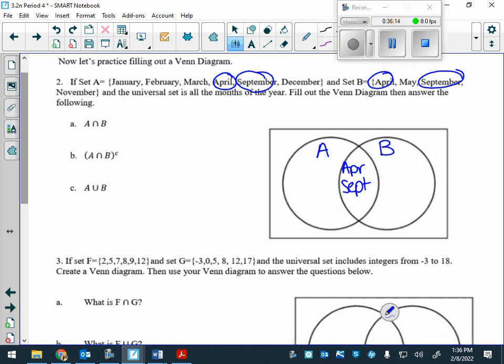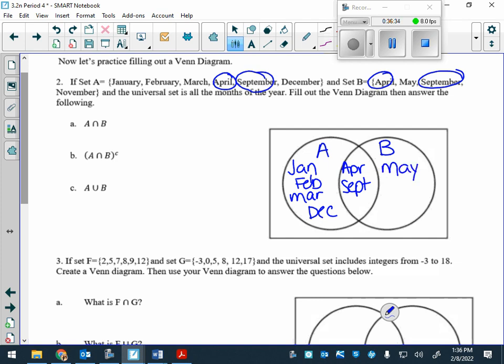Taylor. January, February, March, and December. Excellent. Good. What months are only in set B? Liam? May and November. Excellent.